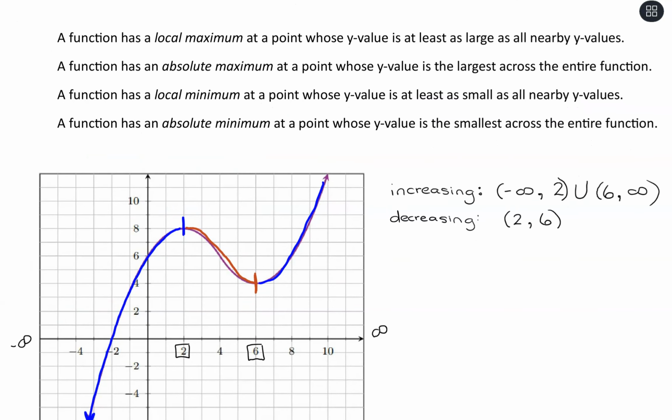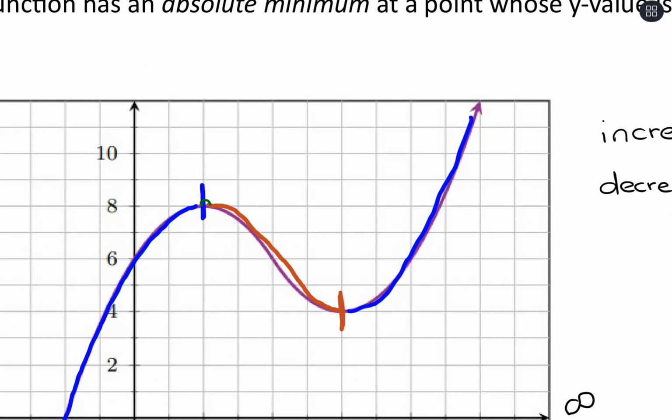Now let's talk about local maximums and local minimums and absolute maximums and absolute minimums. So local minimums and maximums will occur at these kind of, I call them peaks and valleys of our graph. So as I'm going along, it'll occur at these turning points, which I marked here. So like here's a turning point and here's a turning point.